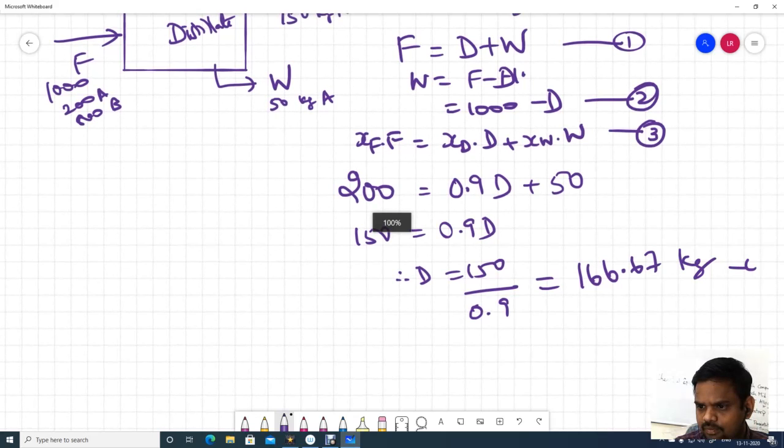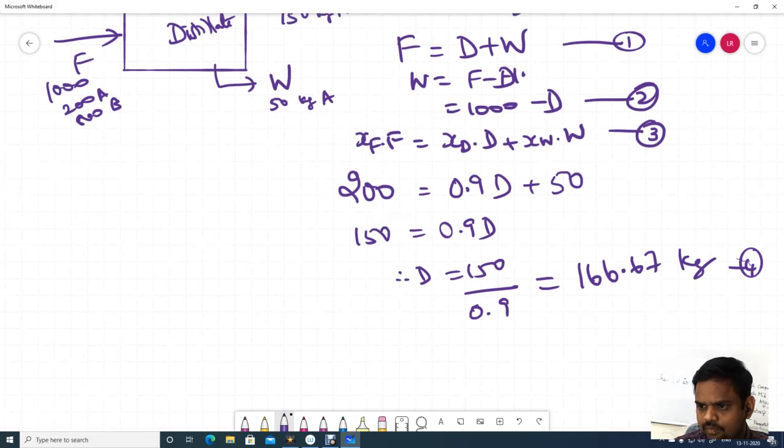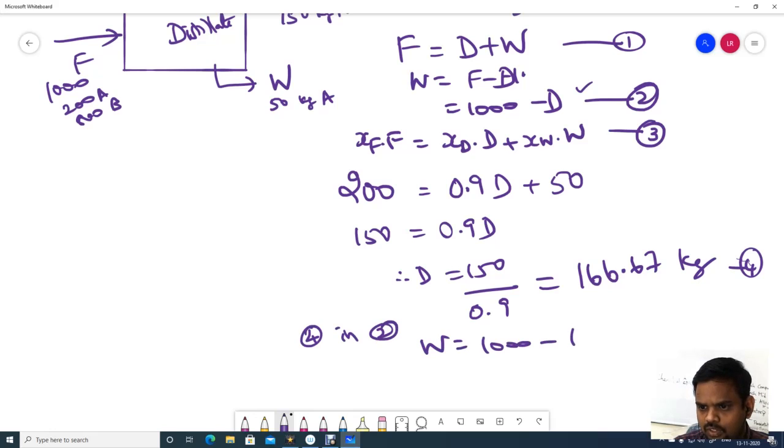Okay. So if this is D value, substituting in 2 we get a W value also. Substituting 4 in 2 gives us W equal to 1000 minus 166.67, which is equal to 833.33 kg.